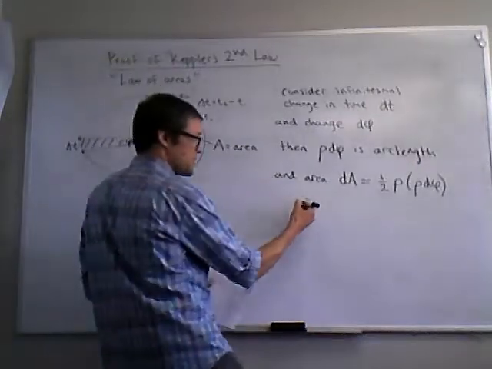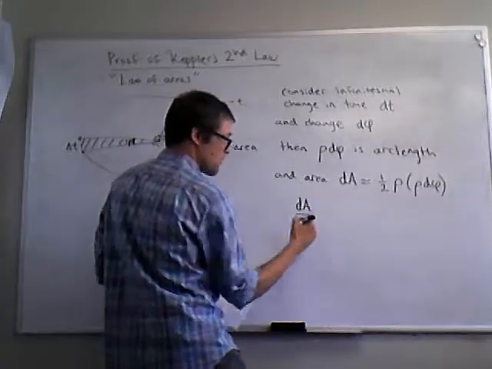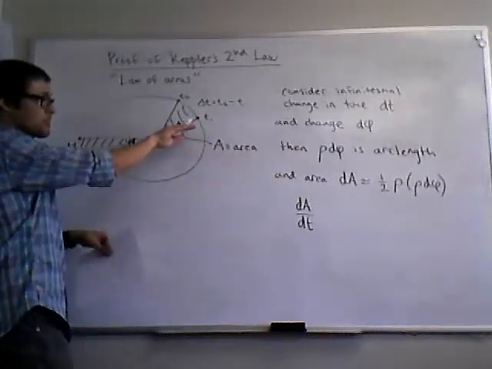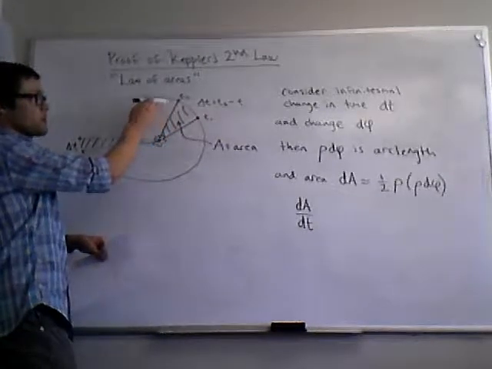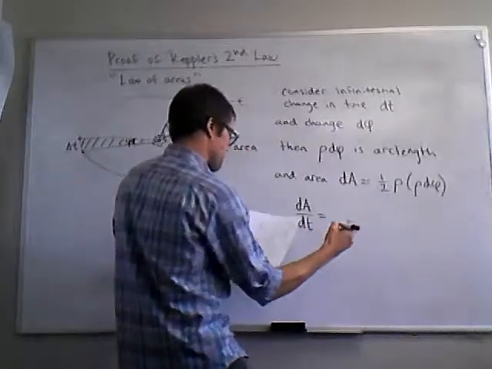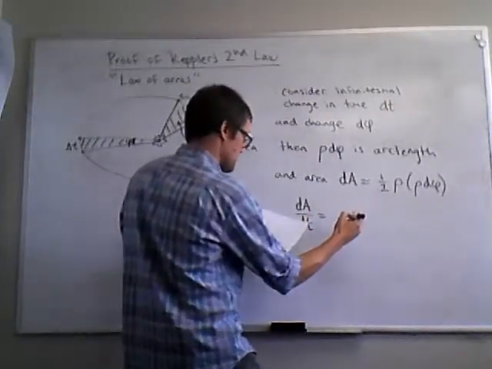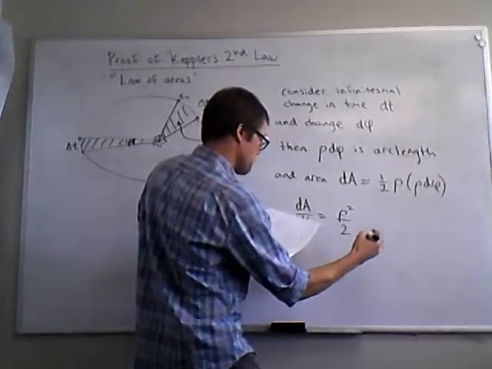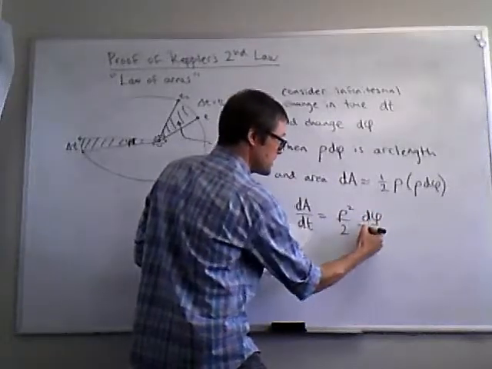Then we can go ahead and use that to write down how the area changes with time as this line is sweeping. It is the following. dA divided by dt here is going to be rho squared over 2 d phi, divided by dt, right?